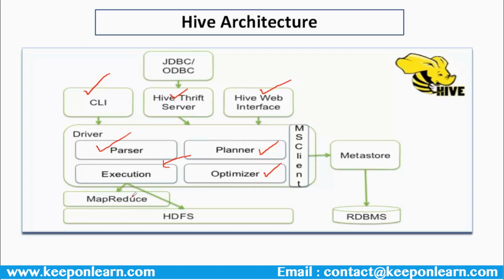The resource manager continues and works on top of the HDFS file system, whatever we have provided. This is exactly how Hive works. Once you are done with your process, the required output can be dumped into another Hive table, or you can store it into the HDFS file system. This is exactly what happens in our Hive architecture.